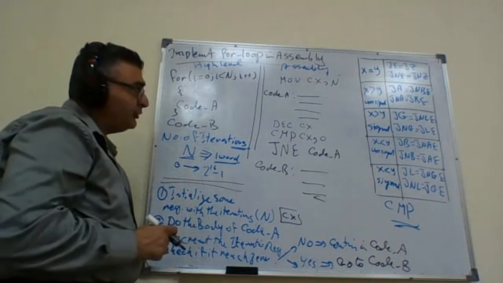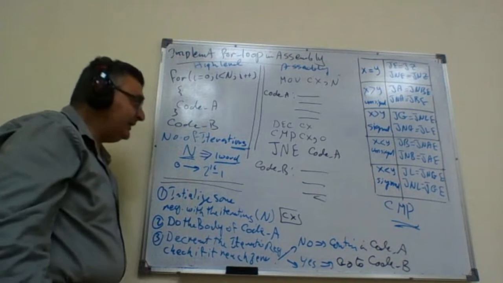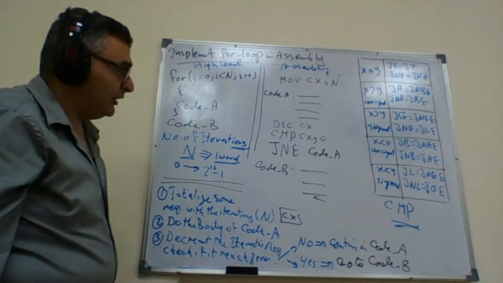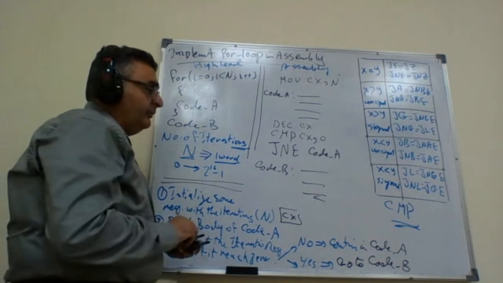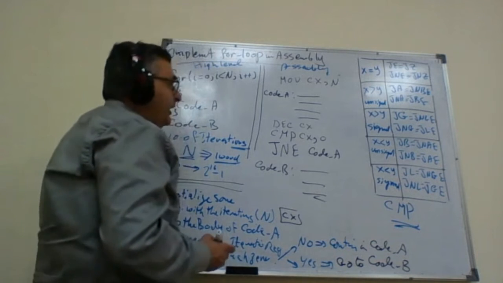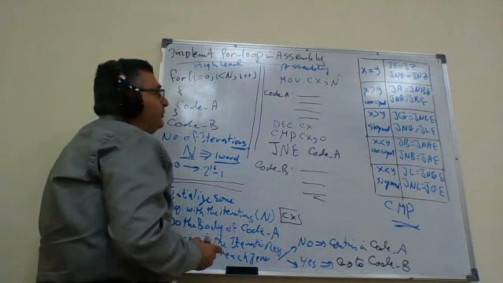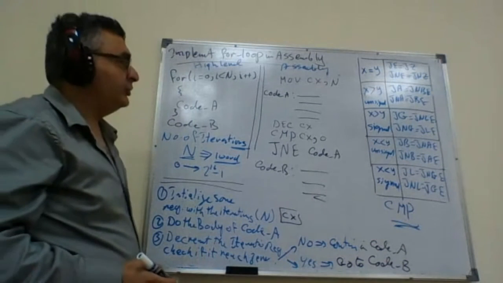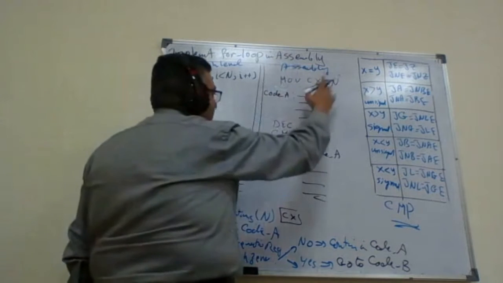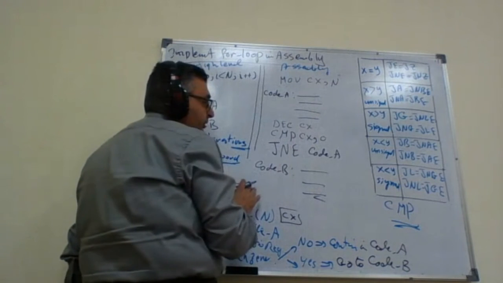For loops are used extensively in the assembly language. So that's why the developers of the assembly language have helped us and tell us, well, if you want to make a for loop, there is no need to write all of this code each time.